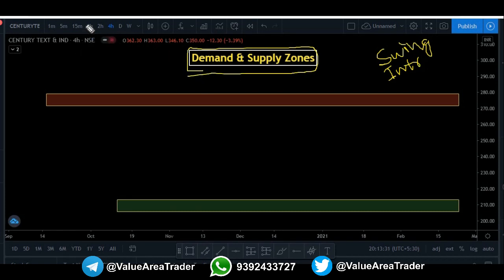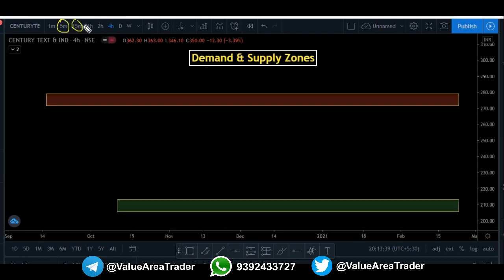If you are a swing trader, you might be using 1 hour, 4 hour and the daily. If you are a pure intraday trader, you are probably looking at the 5-minute, 15-minute and the hourly. These zones will help you very much in your day-to-day trading, so we'll look into that today.